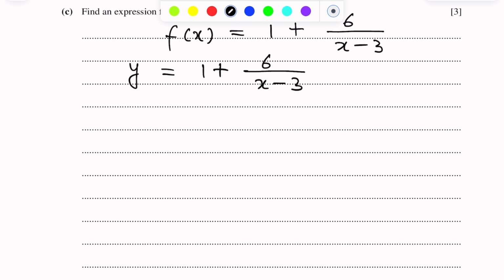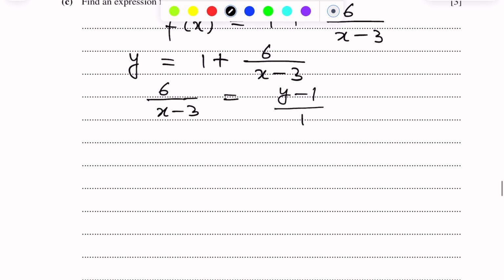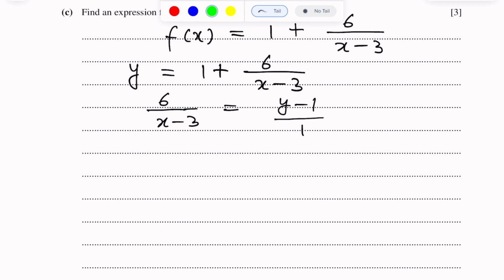So we can write it as 6 over x minus 3 equal to y minus 1 over 1, rearranging. By cross multiplying, because we have to make x the subject, we get x minus 3 into y minus 1 is equal to 6.